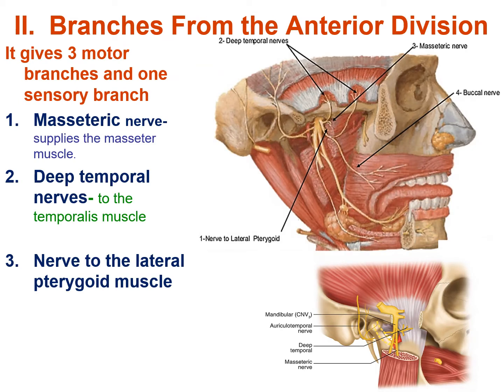Branches arising from the anterior division of mandibular nerve are the three motor branches and one sensory branch. The masseteric nerve, as the name suggests, supplies the masseter muscle. It passes laterally over the lateral pterygoid muscle and it passes behind the tendon of temporalis, in front of temporomandibular joint.